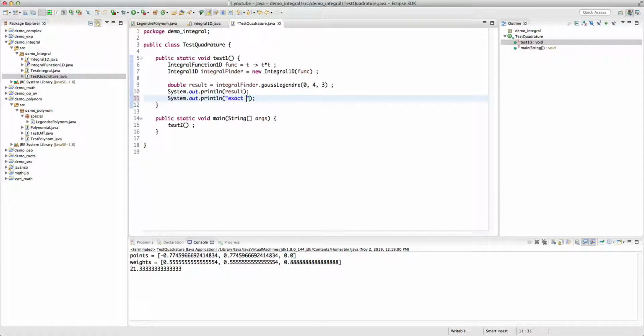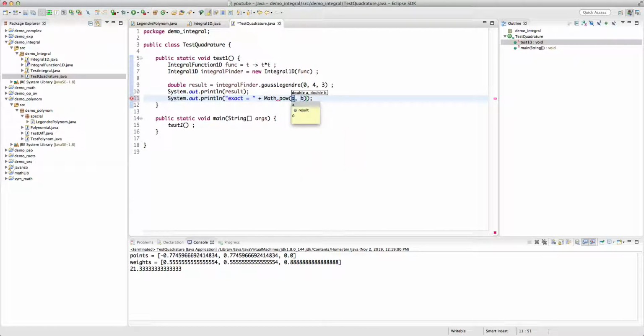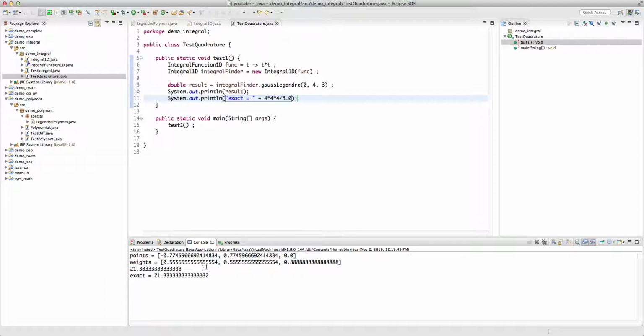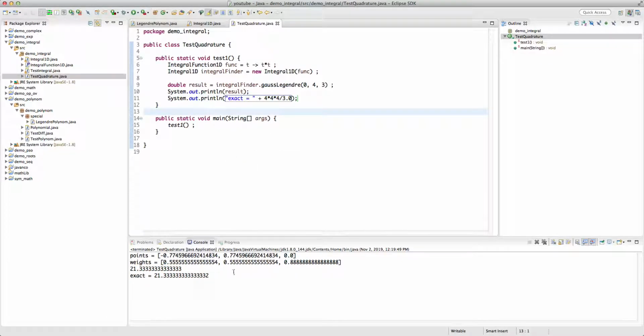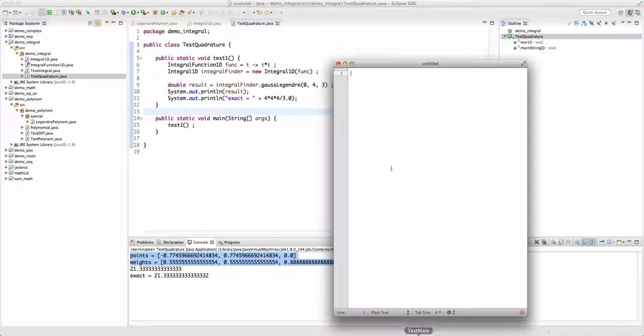The exact is math dot power of 4 to the 3, that's just 4 times 4 times 4 over 3. Yes, so then we get the points and weights, and let's compare them with what we already had in the table before.